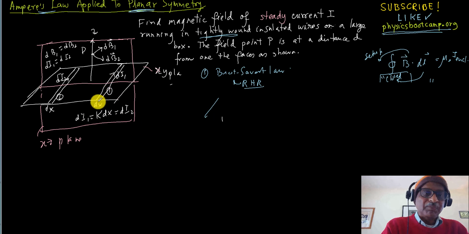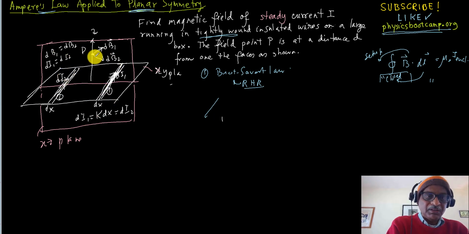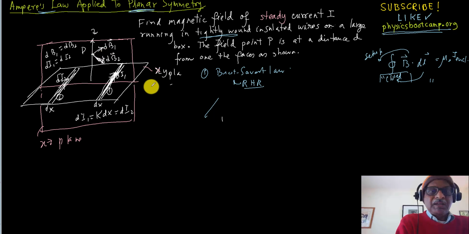So the magnetic field from current in this part and current in that part. Magnetic field from this is in that direction. Magnetic field from this is a circle around, and so this is tangent to that circle. And so the net is only along the x-axis.